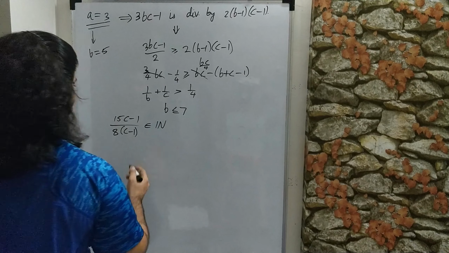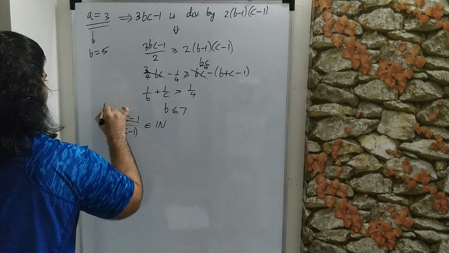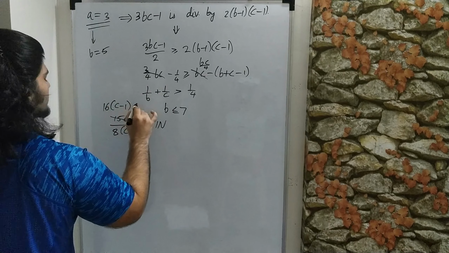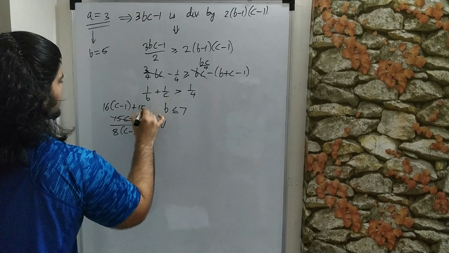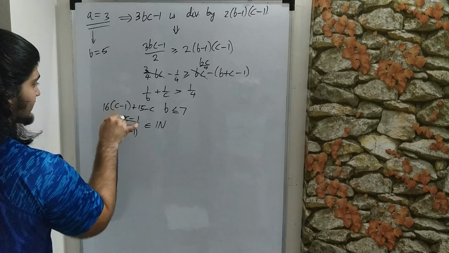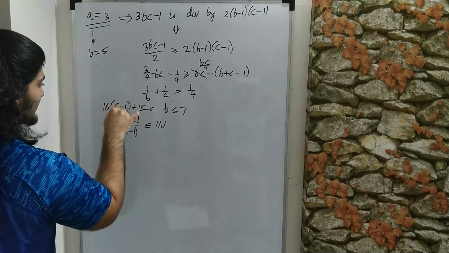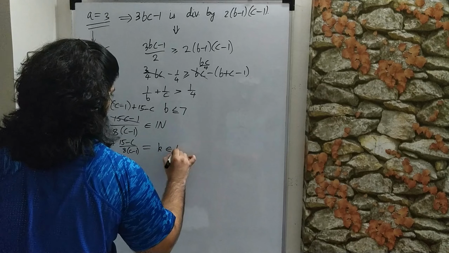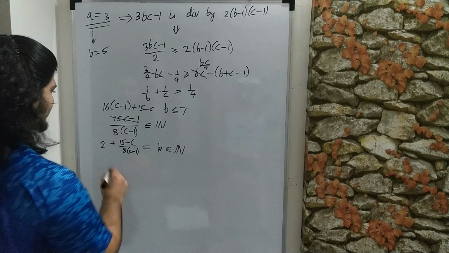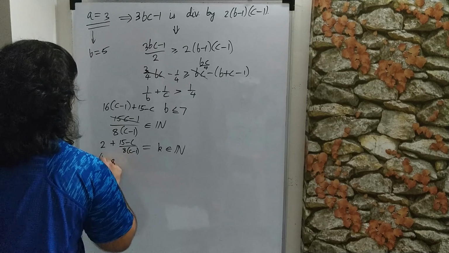And from there we can tell that if I write this as 16 times (c minus 1) plus 15 minus c, you can check that these two are equal, then we'll have 2 plus (15 minus c) over 8 times (c minus 1) is a natural number. And now what we'll do is we'll say that this is equal to some k, and k is a natural number.